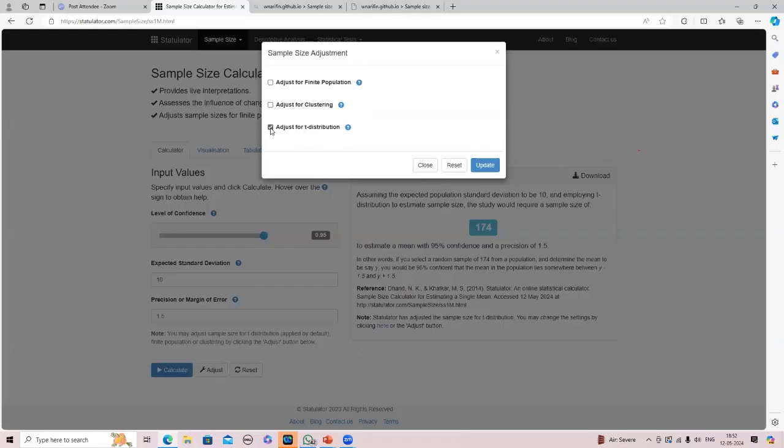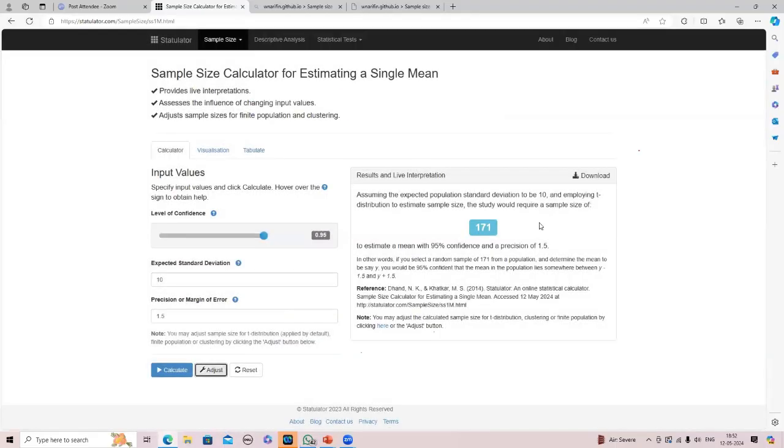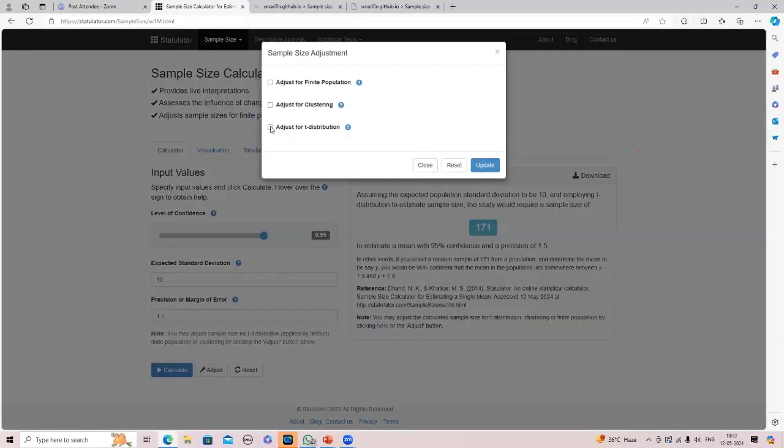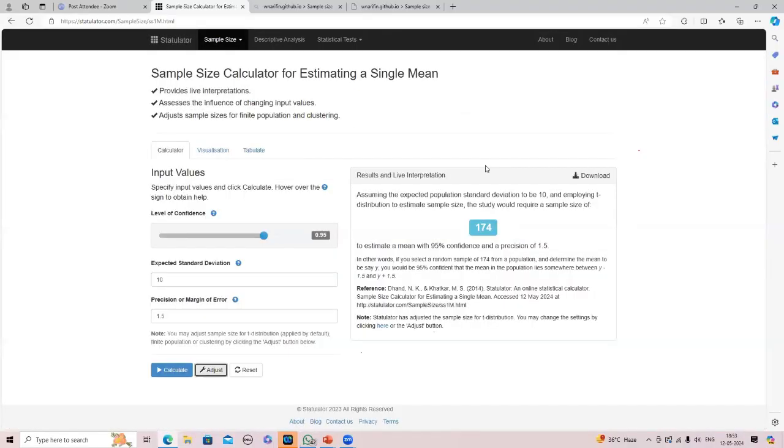I uncheck this T distribution. So if you calculate the sample size, it is based on the Z distribution. If you calculate with the formula, you will get a value of 171, or if you adjust based on the T distribution, then your sample size increases to 174.